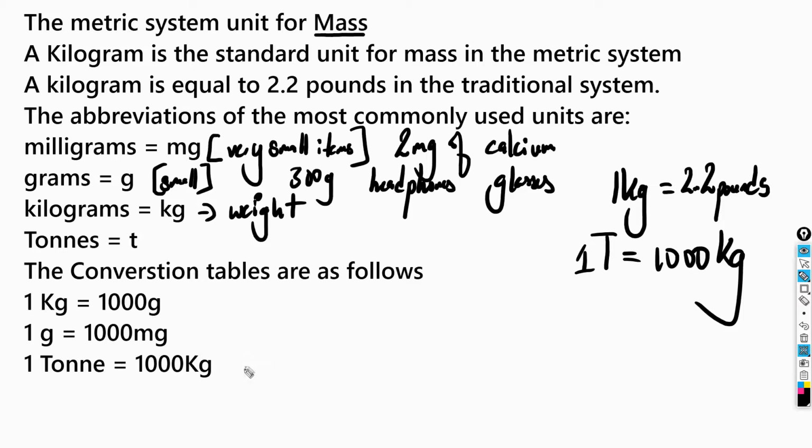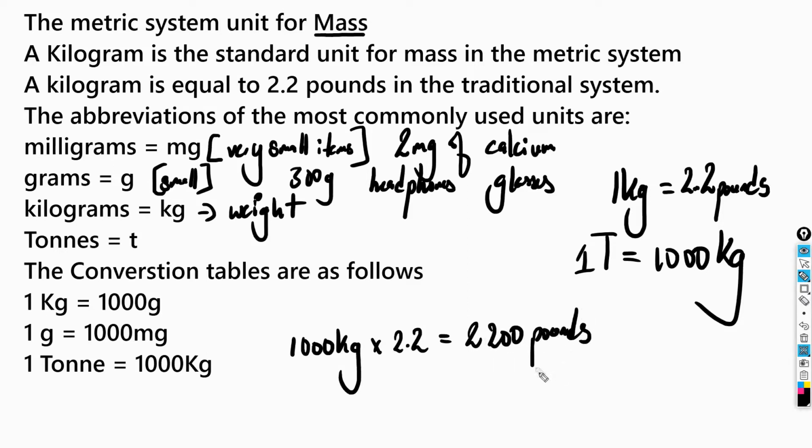I'm going to convert the ton to the standard pounds that we use. 1,000 kilograms, which is 1 ton, multiplied by 2.2 gives us 2,200 pounds, which is really heavy.